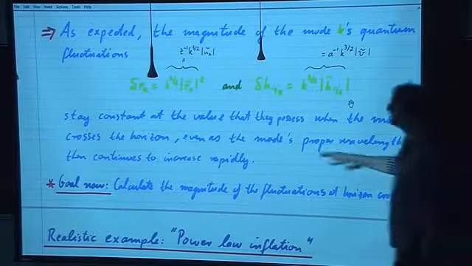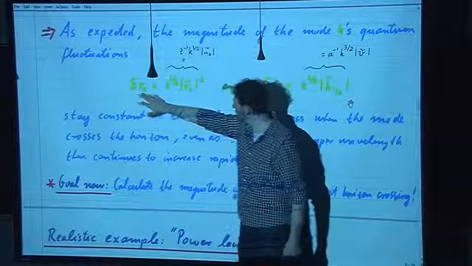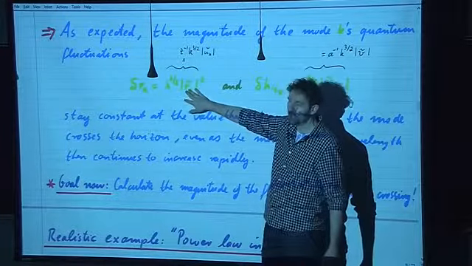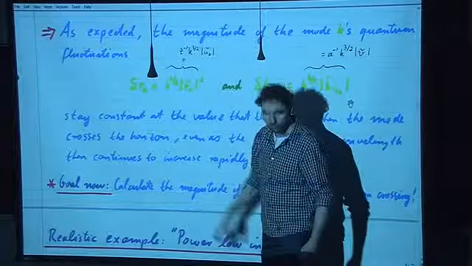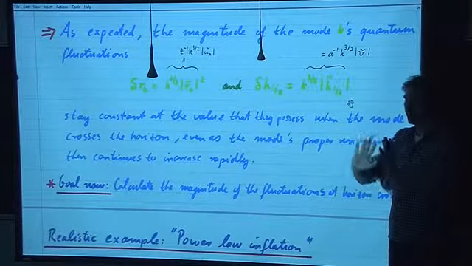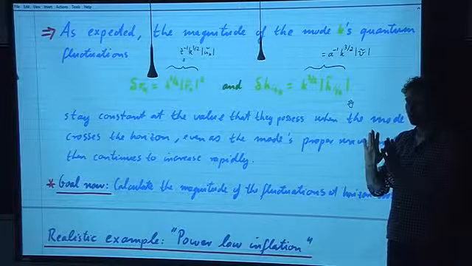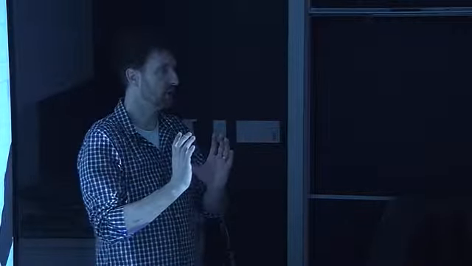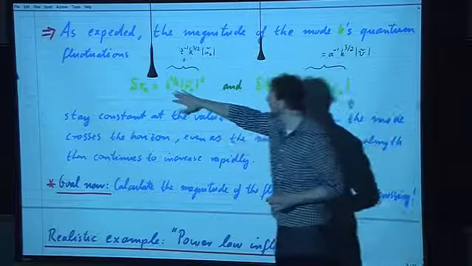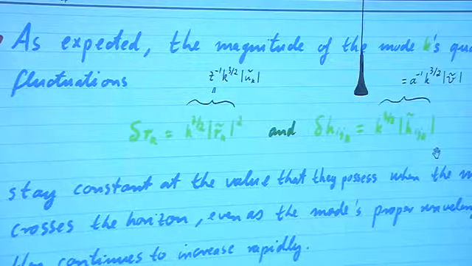Remember, we arrived at this relationship between the size of the quantum fluctuations and the modulus of the mode function in two ways. One way was to consider a box, average the field over the box, and calculate the standard deviation of the averaged field in that box. That's how we arrived at this, where k was 1 over L, L being the size of the box.